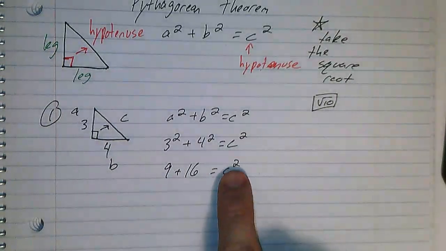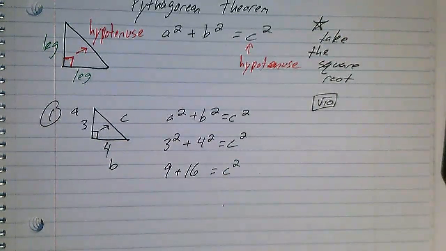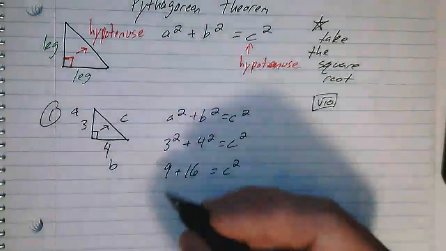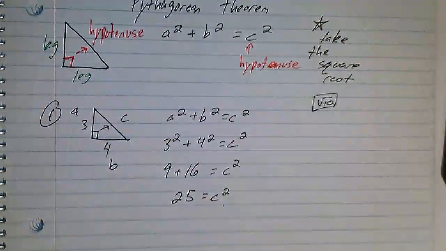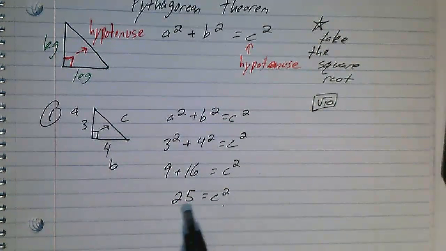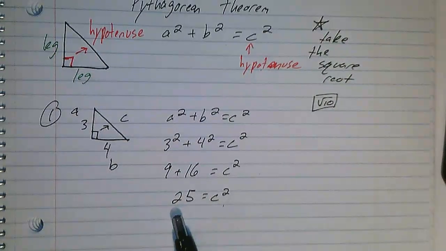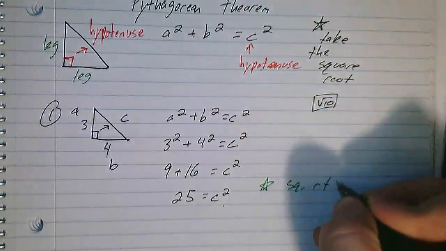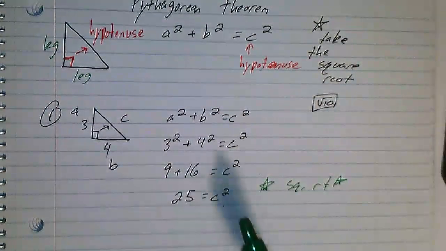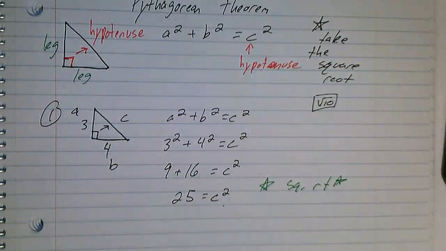We can't just drop the exponent of 2. To get rid of it, we have to take a square root. So 9 plus 16 is 25. And again, I'm repeating this, but the mistake students make is they'll just put 25 as the answer. We must take the square root. So to get C by itself, I don't want to know what C squared is, just what C is, what this missing side length is.